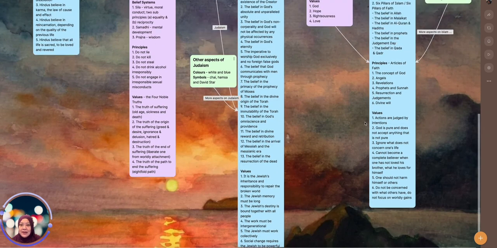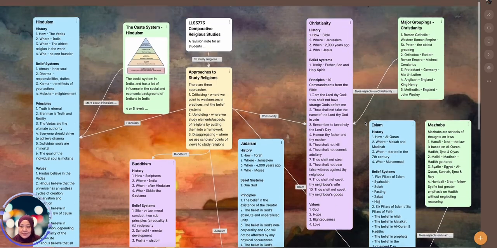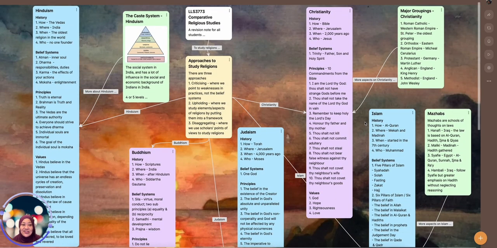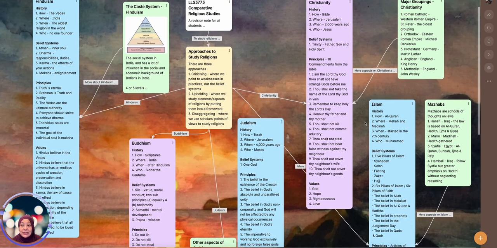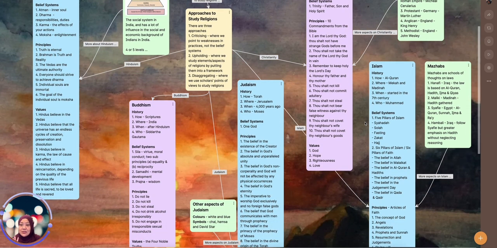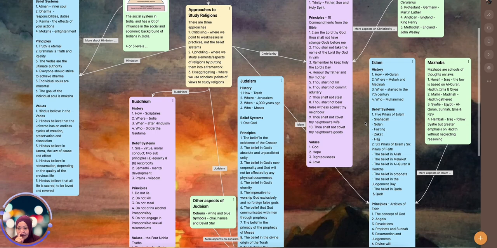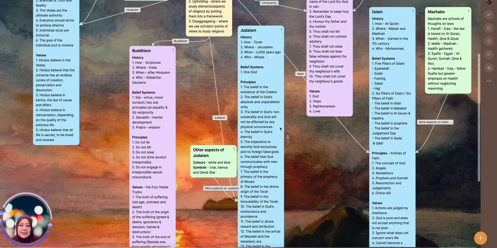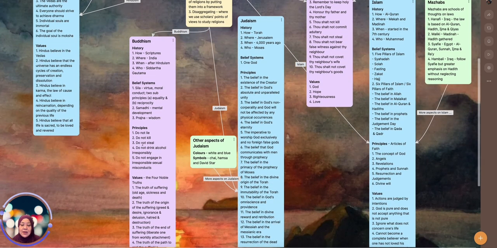Now, if you look very carefully at all this, you can see a lot of similarities, especially in terms of the principles as well as the values. For example, if you look carefully at these Buddhism principles: do not lie, do not kill, do not steal, do not drink alcohol, do not engage in irresponsible sexual activities or misconduct.